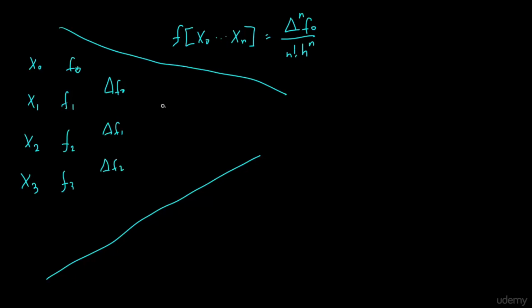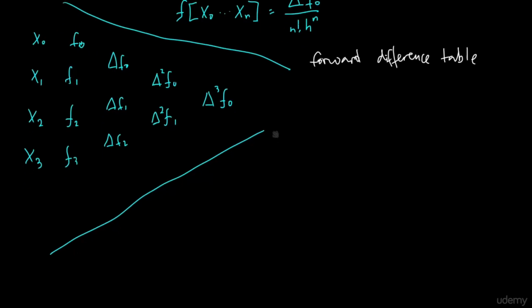And then you would have delta squared f0, delta squared f1, and then you'd have delta cubed f0, and that would be a corresponding table, similar to the tables that we had for divided difference. And what this is called is a forward difference table.